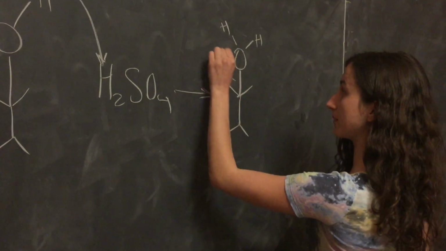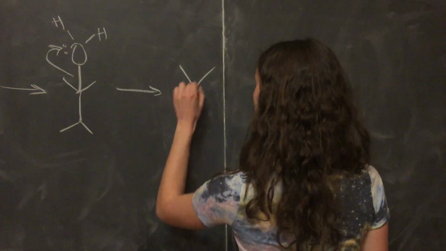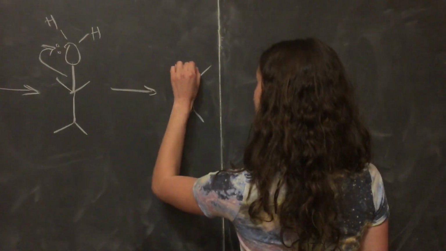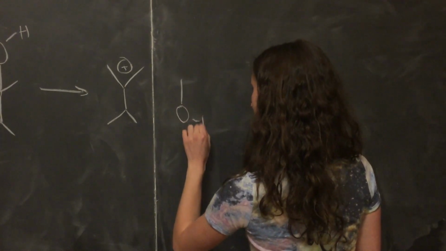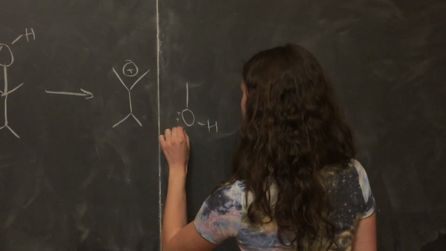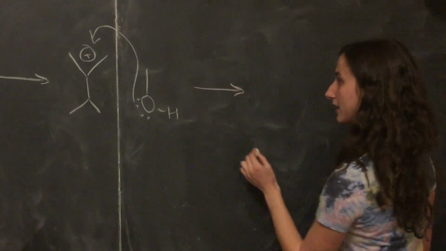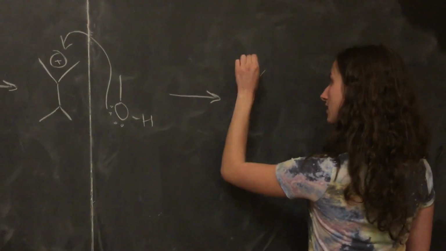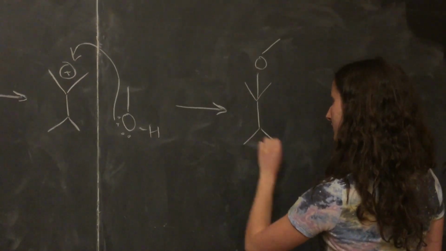This leaving group is then able to leave on its own and will give us a carbocation, which, because it is tertiary, is stable. This will then react with a primary alcohol, which then, after being deprotonated by a polar solvent, will give us an asymmetrical ether.